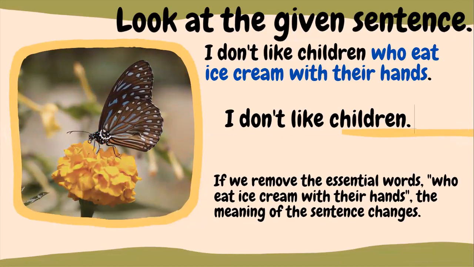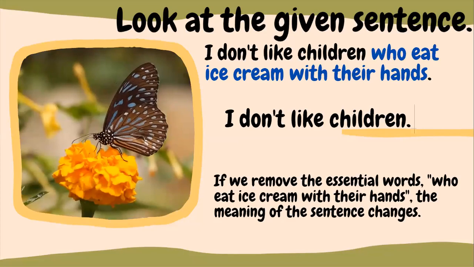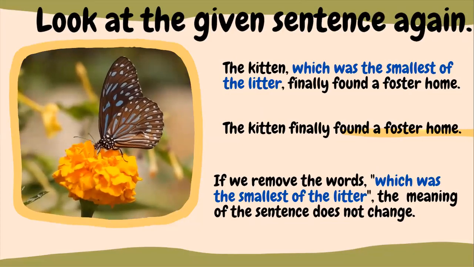Now, does it mean the same thing as the first sentence? No, obviously not. So if we remove the essential words, who eat ice cream with their hands, the meaning of the sentence changes, right?